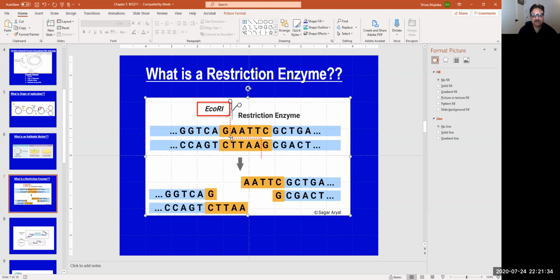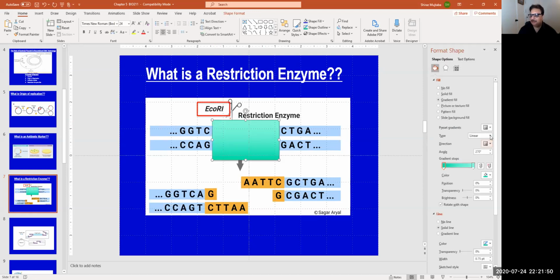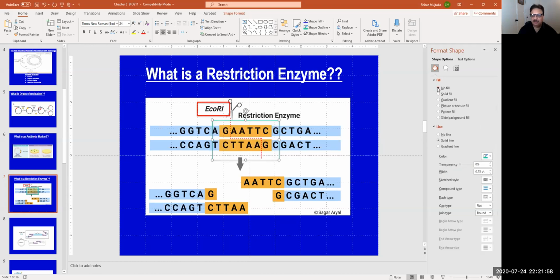What is this sequence? GAATTC. Look here, it's very interesting. If you look at this sequence, you will figure out that the DNA reads the same way in both directions. What do I mean?